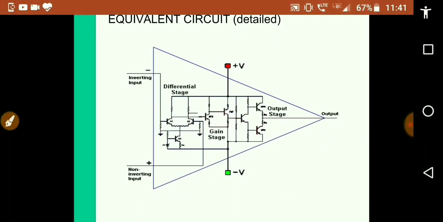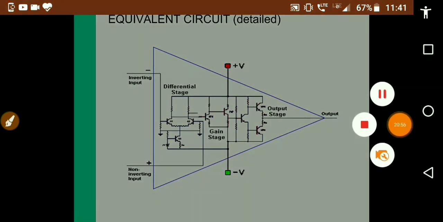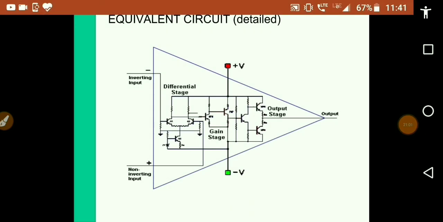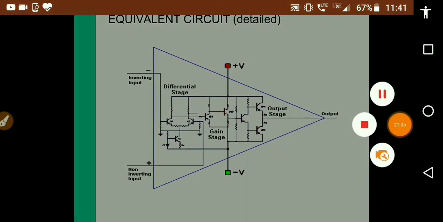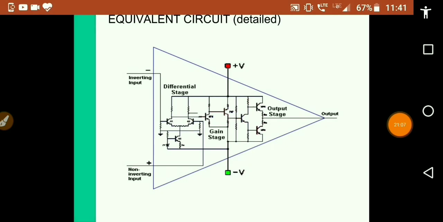And we have also discussed the inverting configuration, non-inverting configuration, and comparator circuit. So students, this video is completed and your unit 4 is also completed.